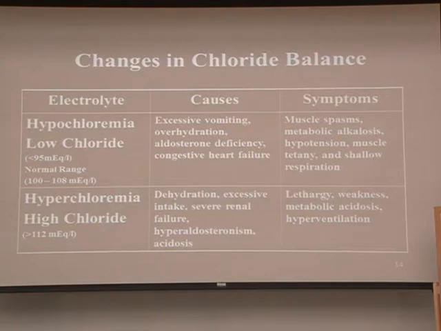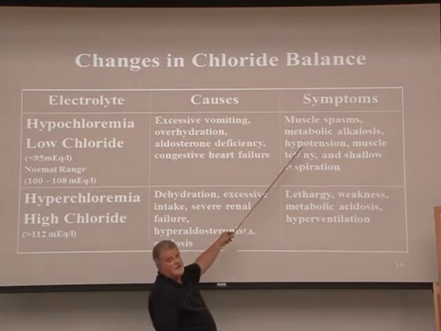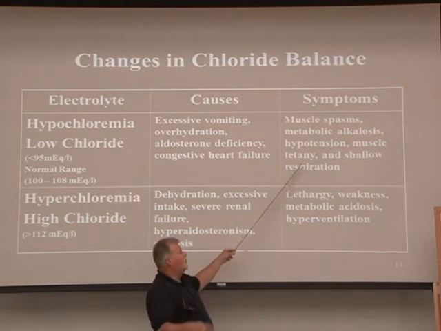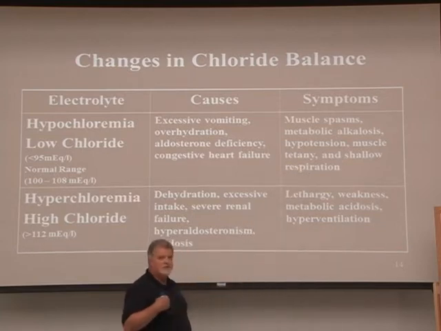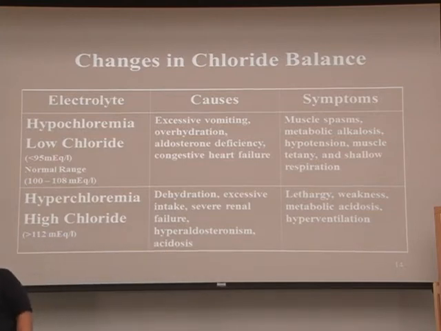Because all those depend upon your ability to do repeated depolarizations and repolarizations. So we'd have muscle spasms, hypotension again, so low blood pressure, muscle tetany, which would be cramping occurring like crazy, and shallow respirations because the diaphragm has to undergo depolarization and repolarization of the function.